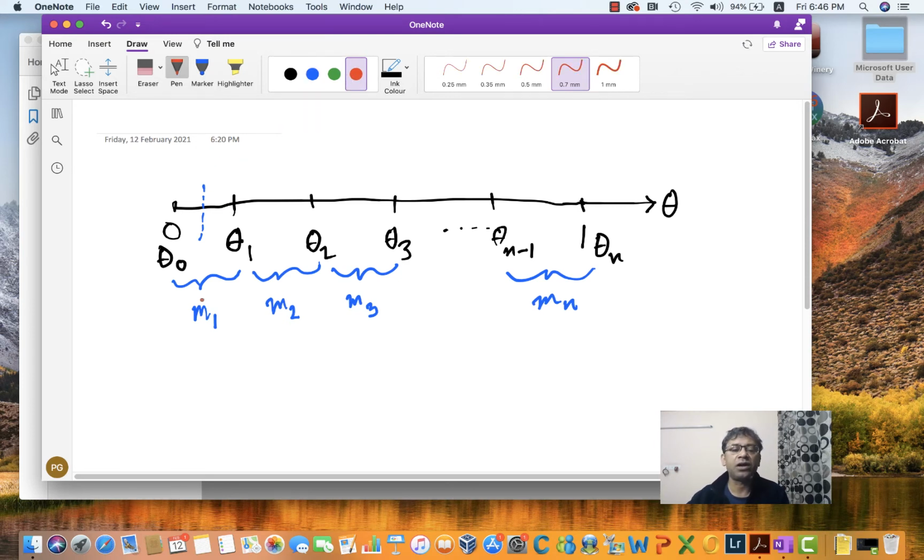So when message m1 is heard, this first interval is the relevant one. Its midpoint is the action that will be chosen. Similarly, if the second message is heard, then the receiver knows that it lies in the second interval, so he chooses the midpoint of the second interval as his action. That's a2. Similarly, there will be some a3. So for each interval, if the corresponding message is sent, the midpoint of that interval gets chosen by the receiver, the decision maker.